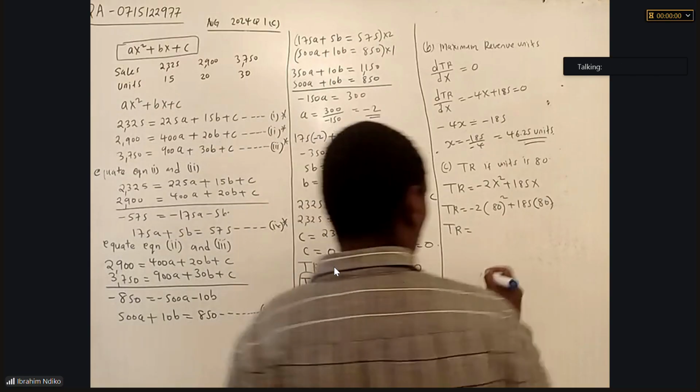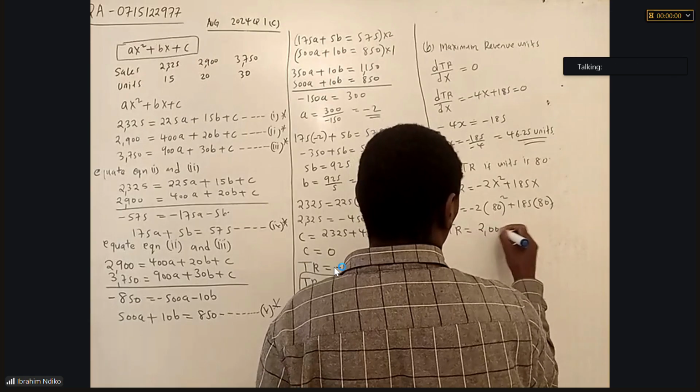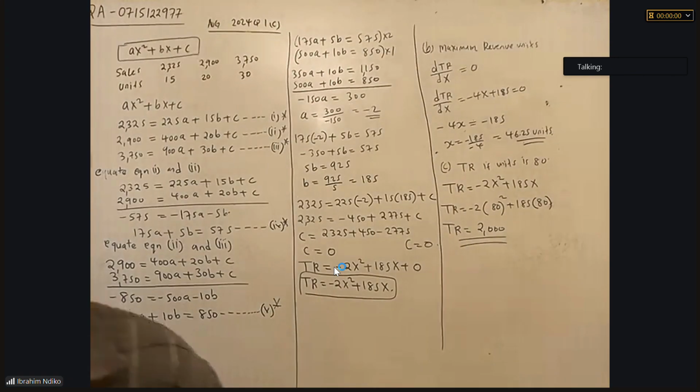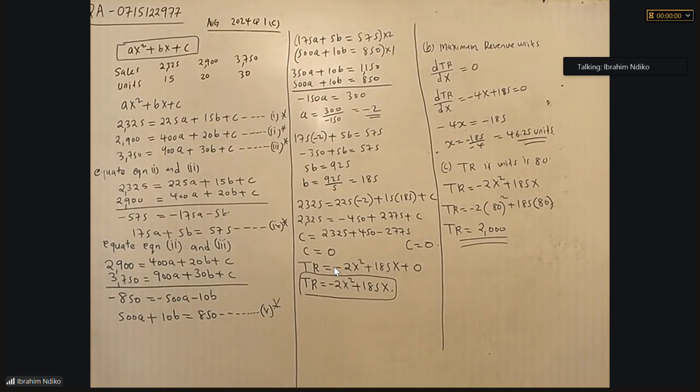So what will be that? The total revenue is 2,000.